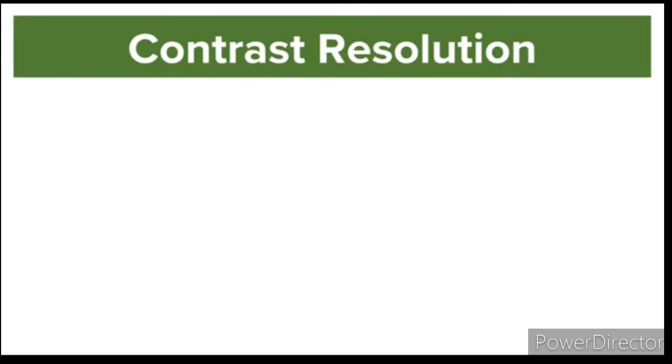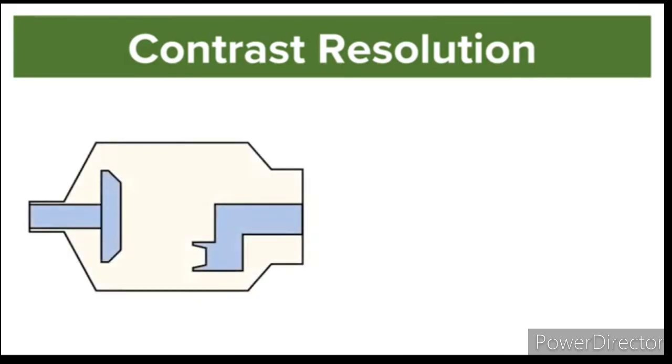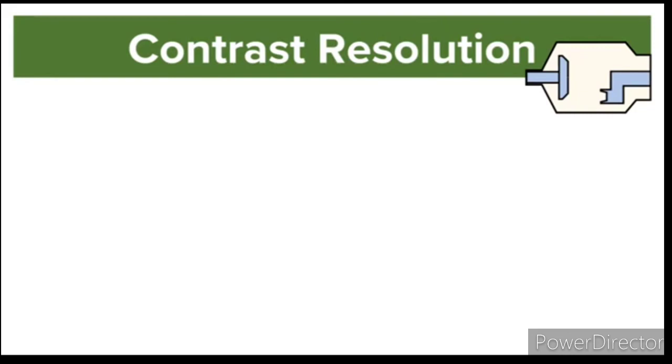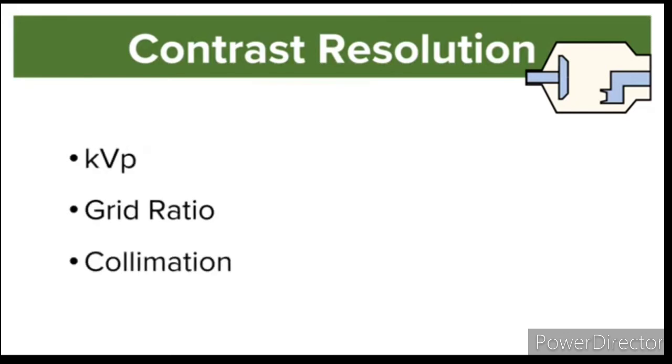Contrast resolution is also affected by factors that happen before X-rays hit the image receptor and factors that happen after X-rays hit the image receptor. Factors that happen before X-rays hit the image receptor that affect contrast resolution are kVp, grid ratios, and collimation.